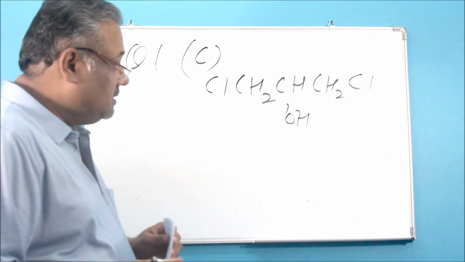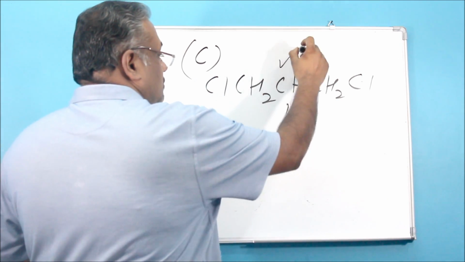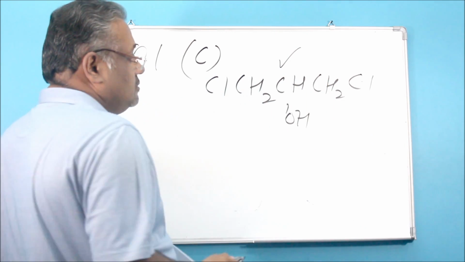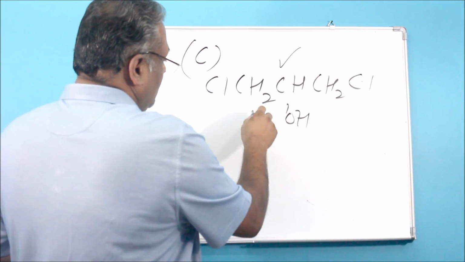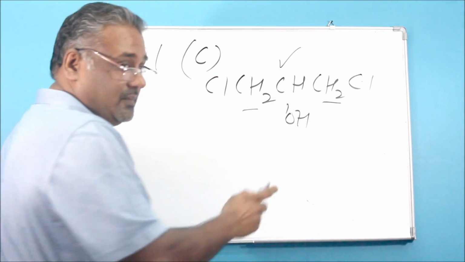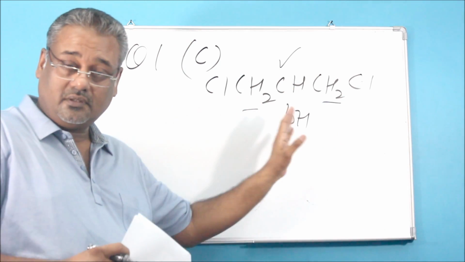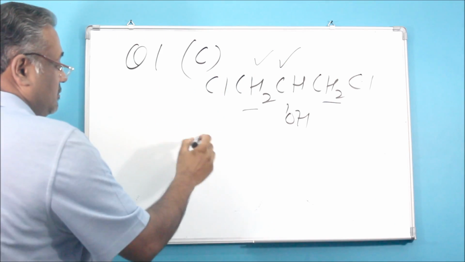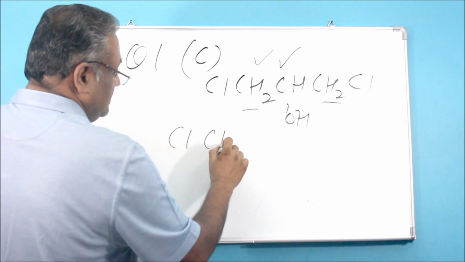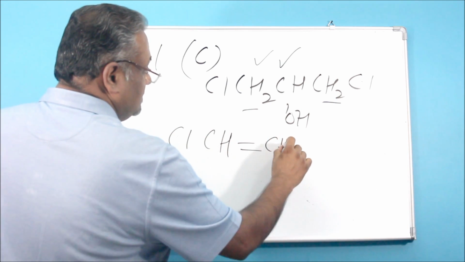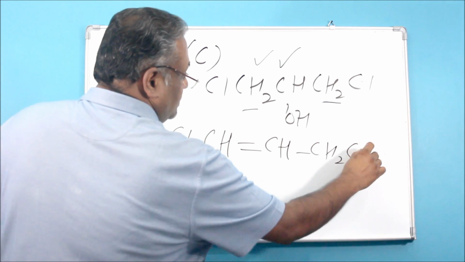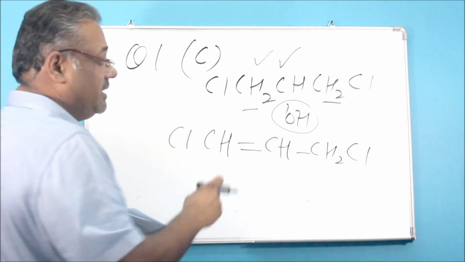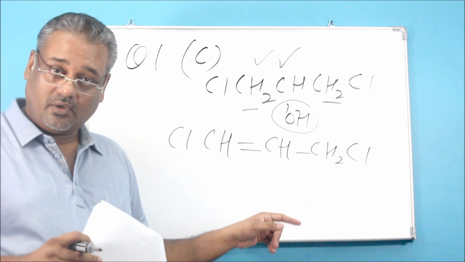The trick to remember is that this carbon is going to lose the OH, and either of the 2 carbons can be used to take out the H. They both have the same number of H's, so it doesn't matter which carbon you use. So I'm going to remove it from here. If I do that, I will get Cl CH double bond CH CH2Cl. Don't forget the OH from here and 1 H from here is being removed, and that's why we get the double bond inside.